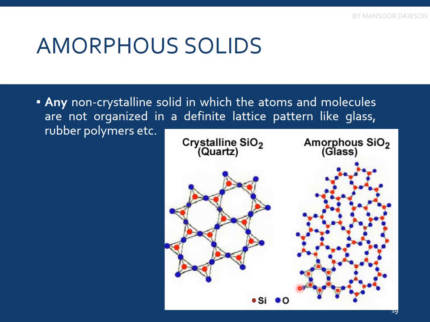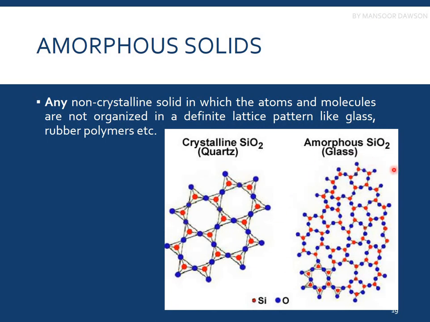So now we have amorphous solid. Basically, amorphous are the opposite of crystalline. Here you can see that we have a silicon dioxide crystalline material, which is quartz, and you can see that it is in a regularly arranged pattern, but we see over here that amorphous SiO2, silicon dioxide, is in a glassy form.